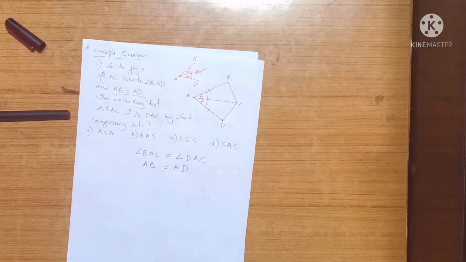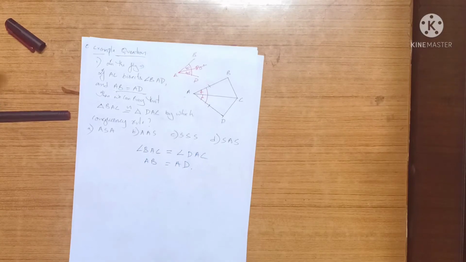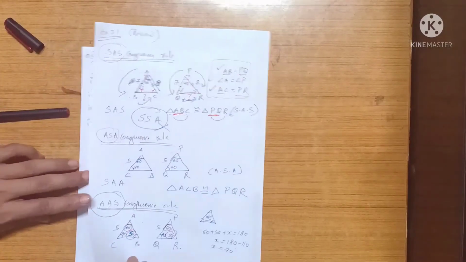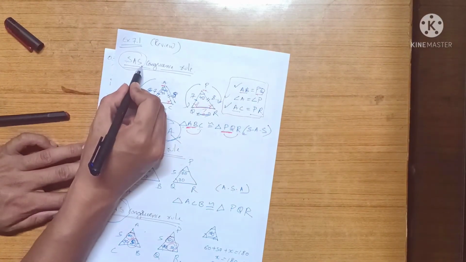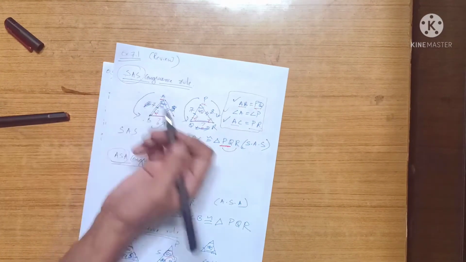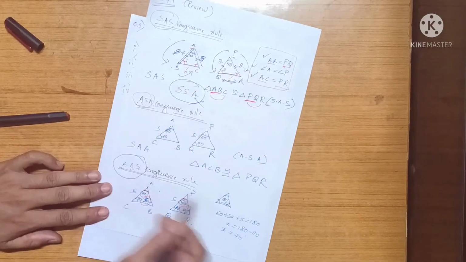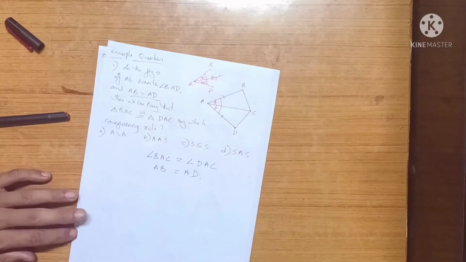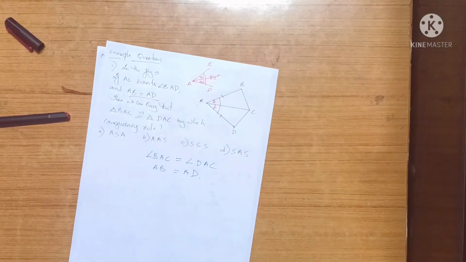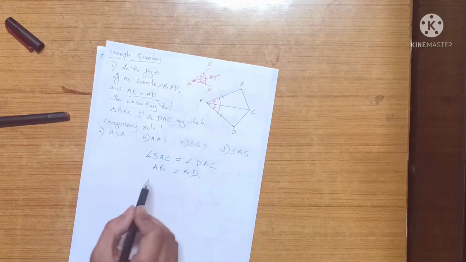They did not mention anything else, right? But as I've explained here, we need at least two sides and an angle in between, or two angles and a side. Which means we need three things, but here we found only two.